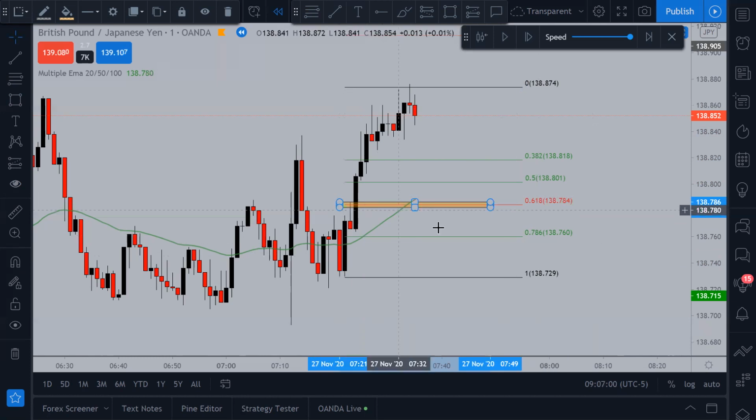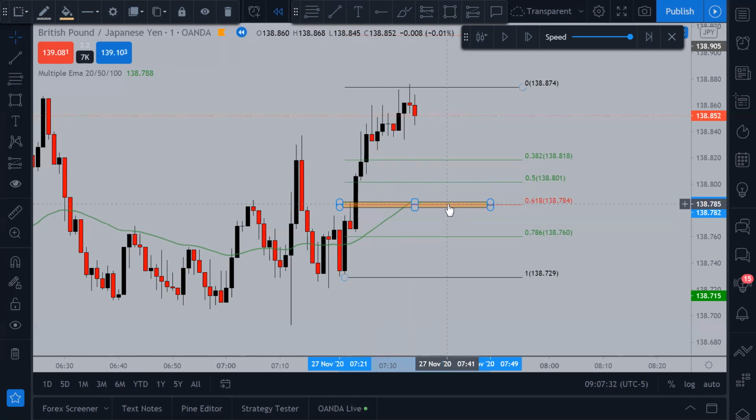This is what you want to see: the 618 aligned with structure. Now, all we need is price to come into town and pick us up. Also, we have the 50 EMA right by it. Ideally, the 50 EMA is right on your entry level. This is awesome because this is our dynamic support, and it will act as our second wall.